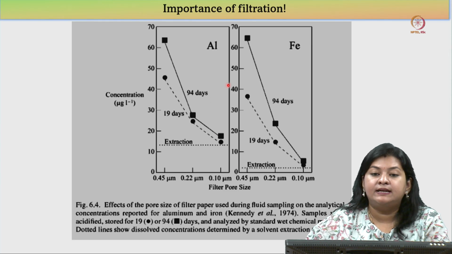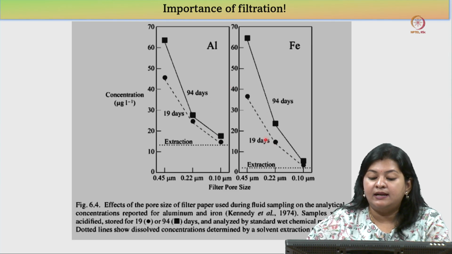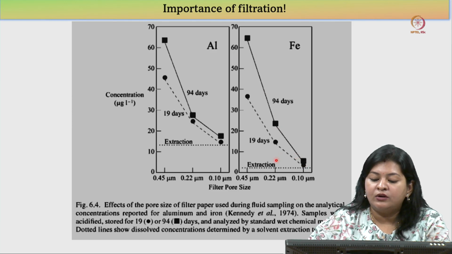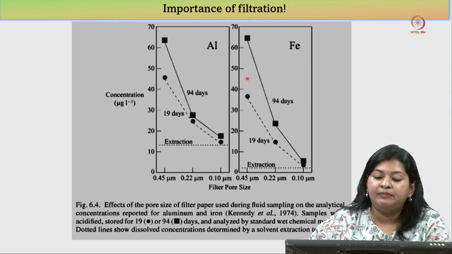One set of samples was analyzed after 19 days and one set of samples was analyzed after 94 days. And this is the difference in their concentration within that time period.